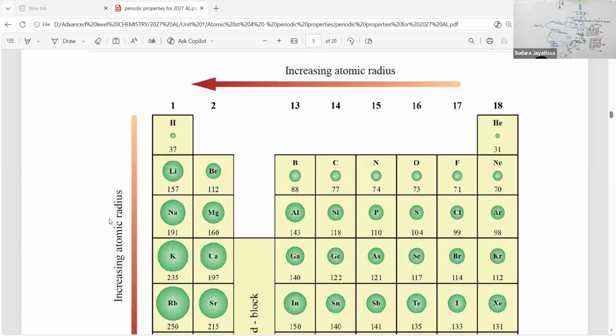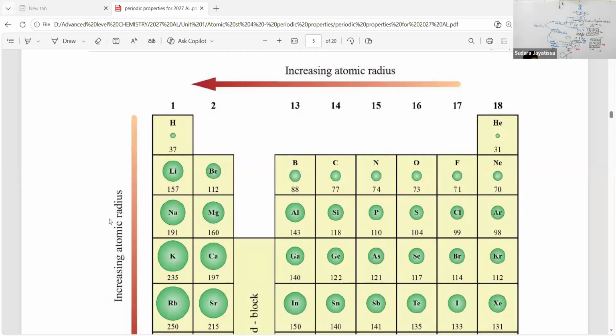Most of the time, going down the group, the reason is the increasing number of energy levels. That effect is more powerful than Zeff most of the time. Understood? That's why when Zeff increases, the size decreases, so magnesium is smaller than sodium.